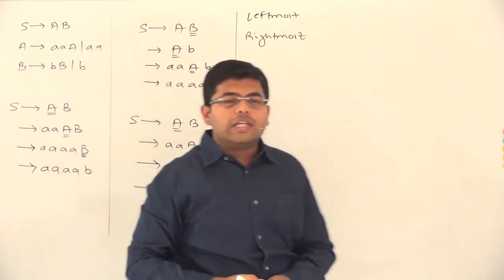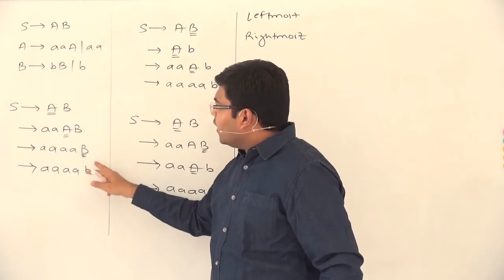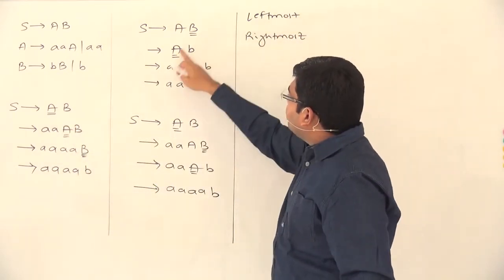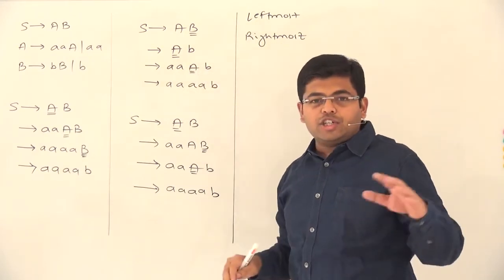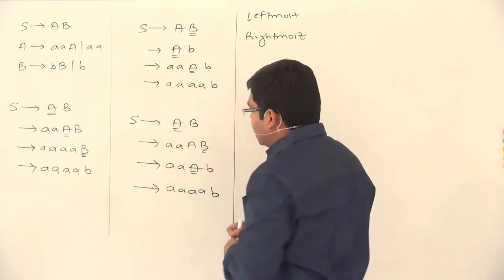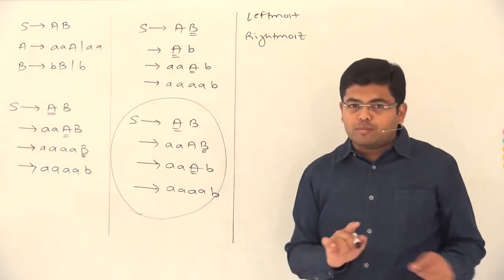When you replace the leftmost variable each time, it is called a leftmost derivation, and whenever you always replace the rightmost variable, it is called a rightmost derivation. Now if you observe the third category, it is neither leftmost nor rightmost derivation.